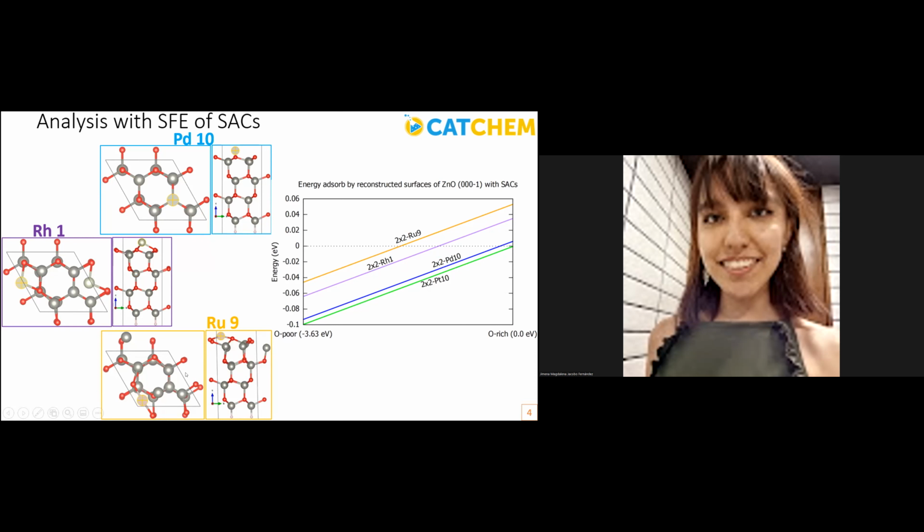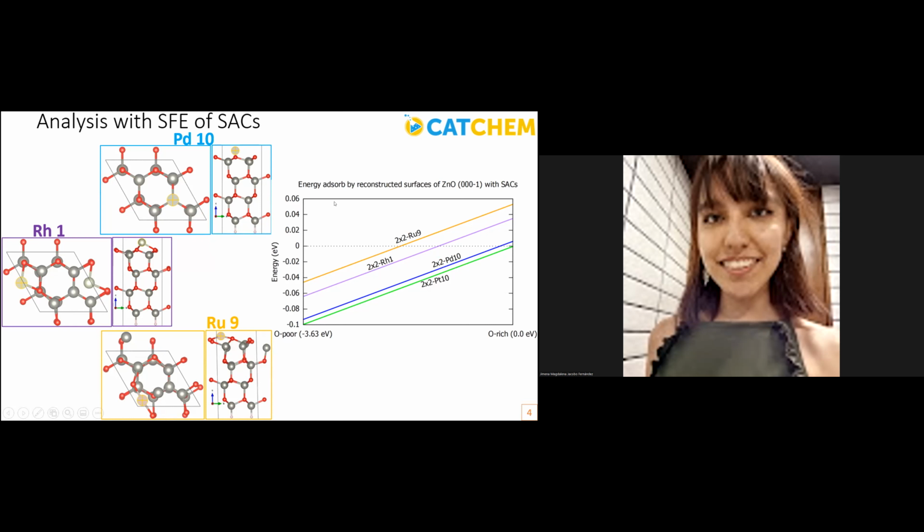Ruthenium was the only one that didn't adsorb near the area of the oxygen vacancy. It was very far away, in a bridge between two oxygens.